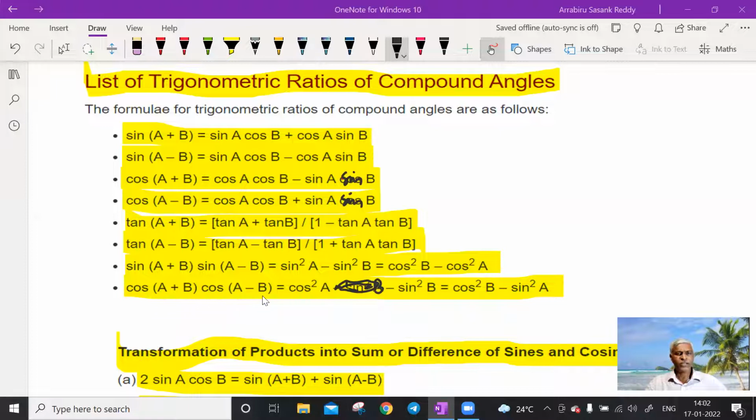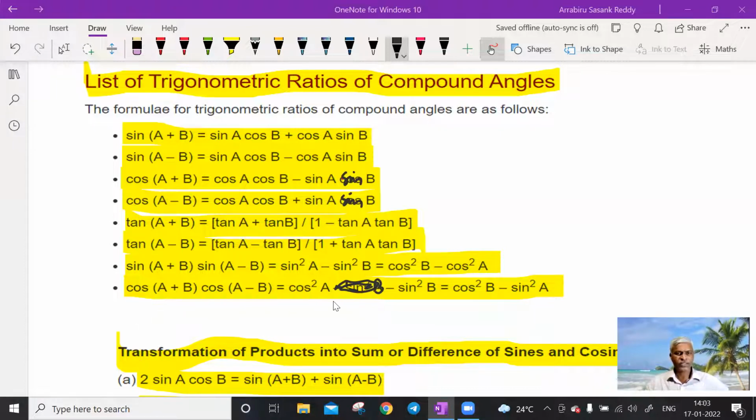Cos A plus B into cos A minus B is cos square A minus sin square B. In sin, it is both sin square minus sin square. In the case of cos, it is not the same. Cos square A minus sin square B, not both cos square A minus cos square B. That you should remember.